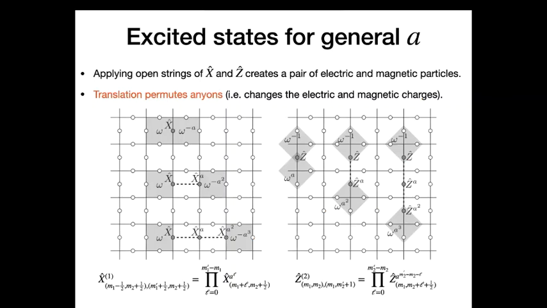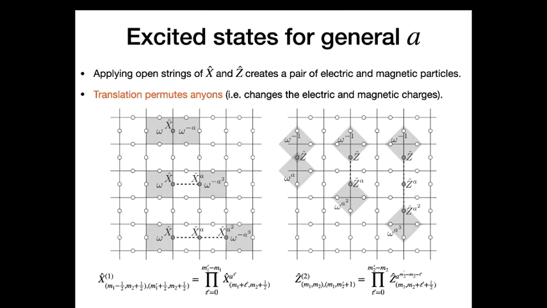And okay, so I also have excited states which show interesting features. If you apply the x operator to the ground state, I can create a pair of anyons, like omega and omega to the power minus a. You can see it, right? If you apply the x operator here, their combination gives you omega. But if you have the x operator this side, then the power is omega to the minus a, right?